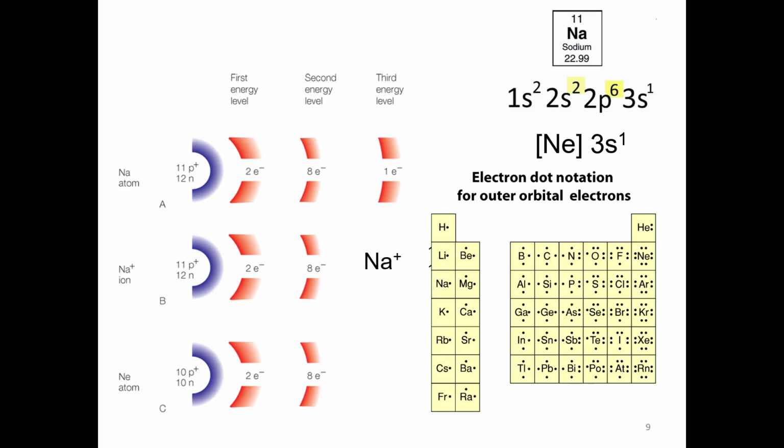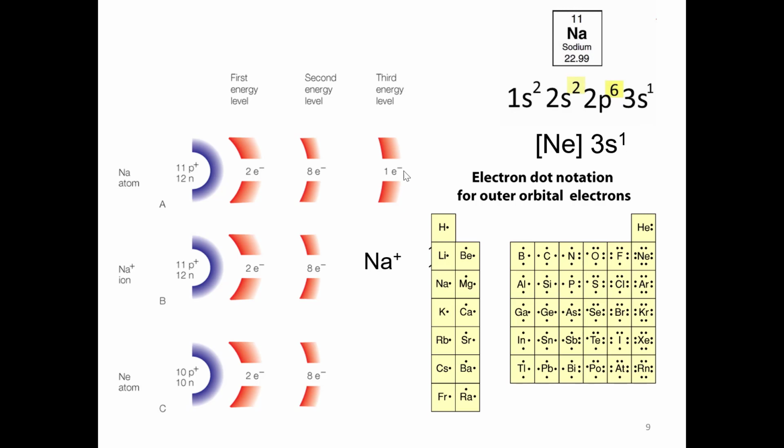One more example here is the case of sodium, and we know sodium is a metal, so it must be a positive ion. Here we have the electron configuration, and we can see in the third energy level the sodium has 1 electron.